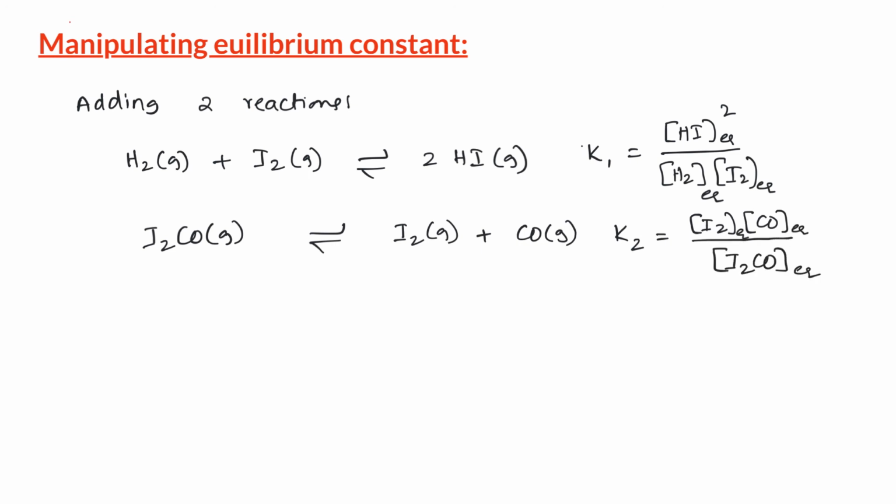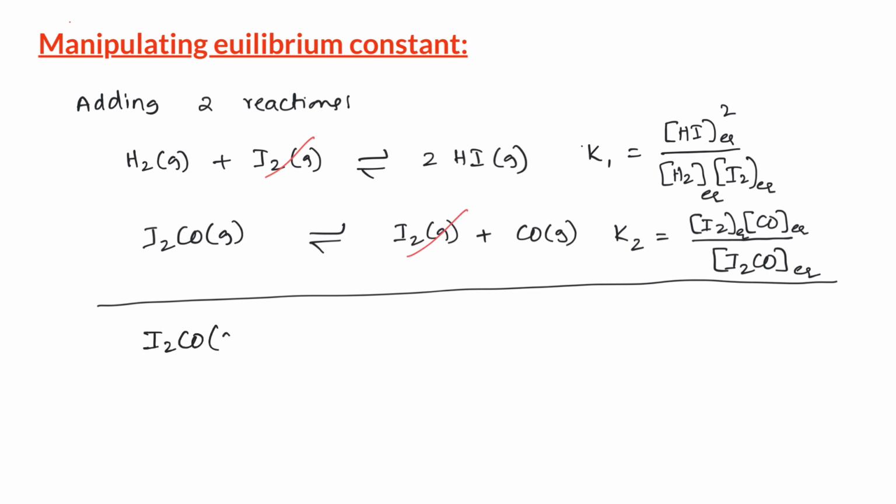Let us add these reactions together. I2 on the reactant side and I2 on the product side get cancelled. The overall reaction is I2CO gas reacts with hydrogen gas to form 2 moles of HI and 1 mole of carbon monoxide gas.